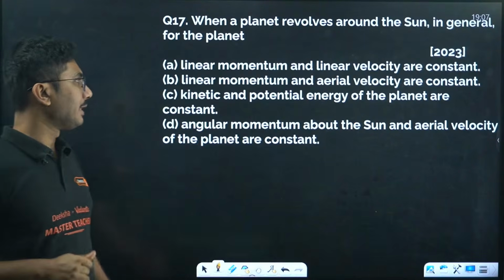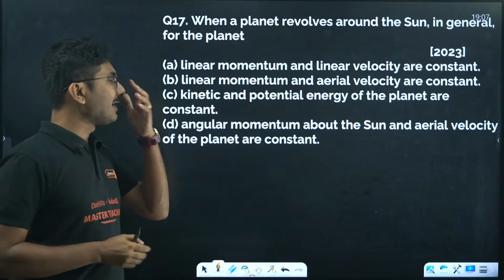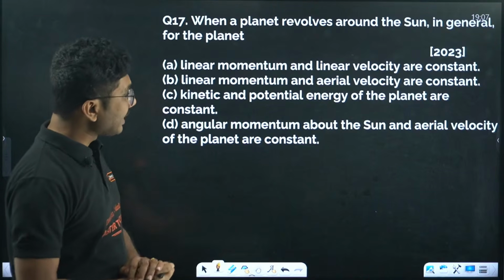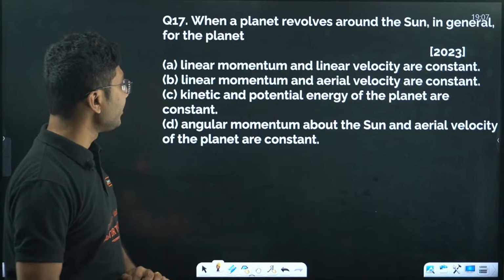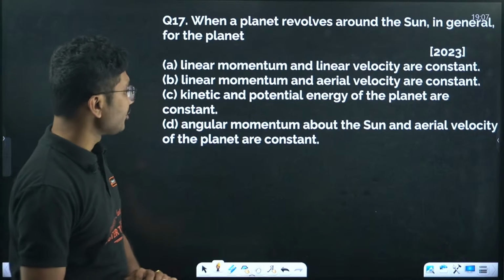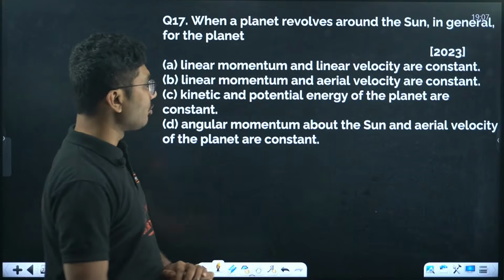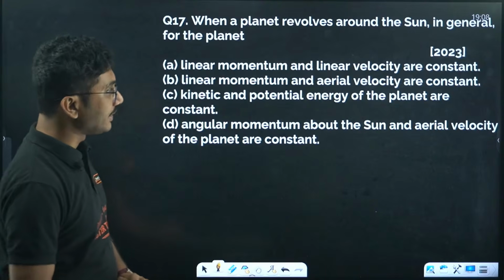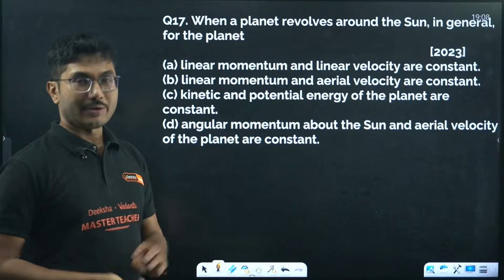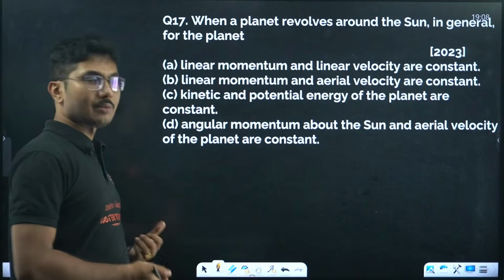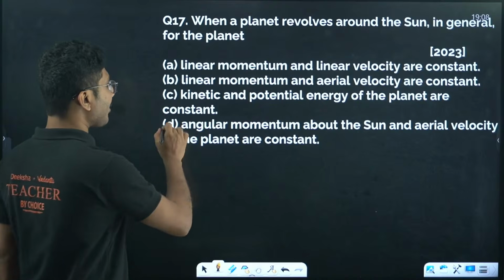When a planet revolves around the sun in general, which was correct? Now according to Kepler's law, areal velocity is constant, and from rotational motion, angular momentum is constant.